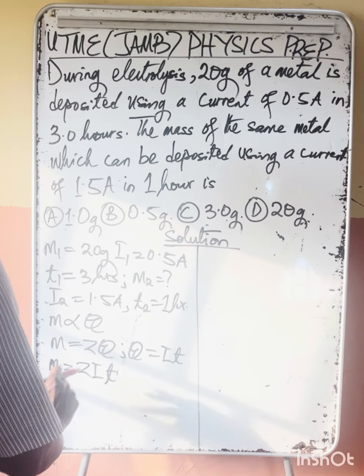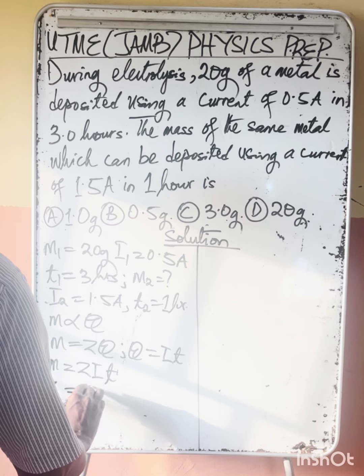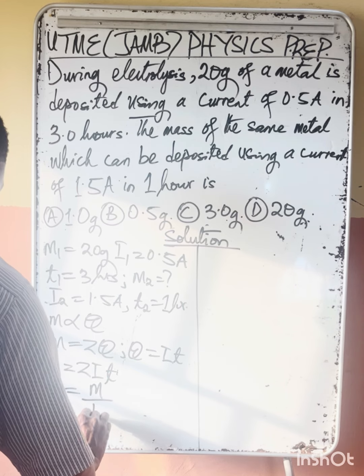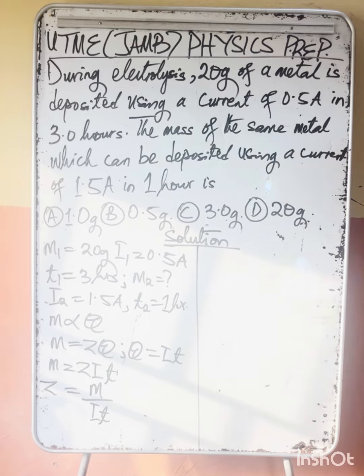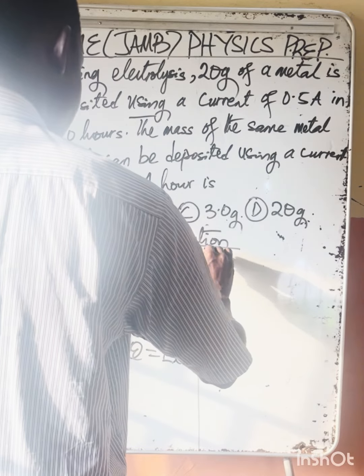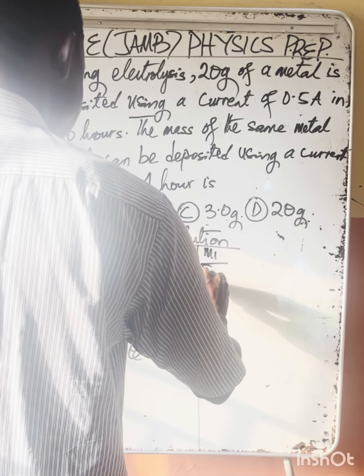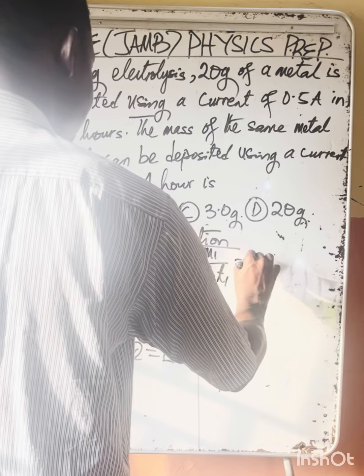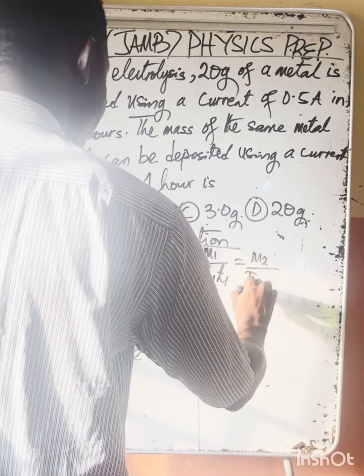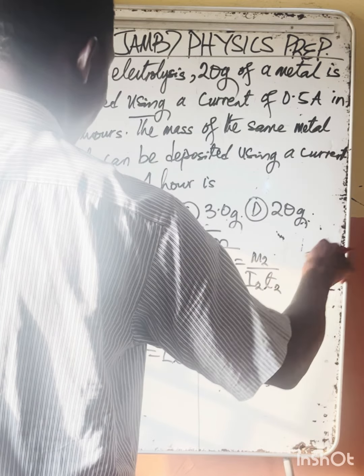Let's make the constant the subject of the formula. Z will be equal to M divided by IT. This means that as far as this law is concerned, the ratio of mass to the product of current and time is a constant, wherein we can conclude that M1 over I1 T1 is equal to M2 over I2 T2, and so on.